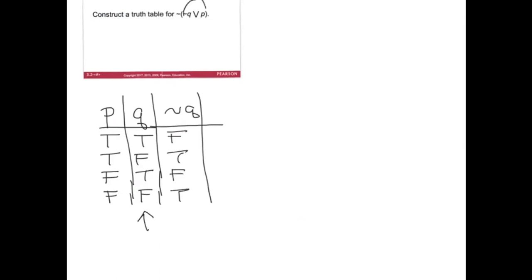Then I need to find the negation of Q or P. So I make a new column for the negation of Q or P. When I do that, I'm going to look at the negation of Q first, and I'm going to look at the P column second, and I'm going to follow the truth values of disjunction.